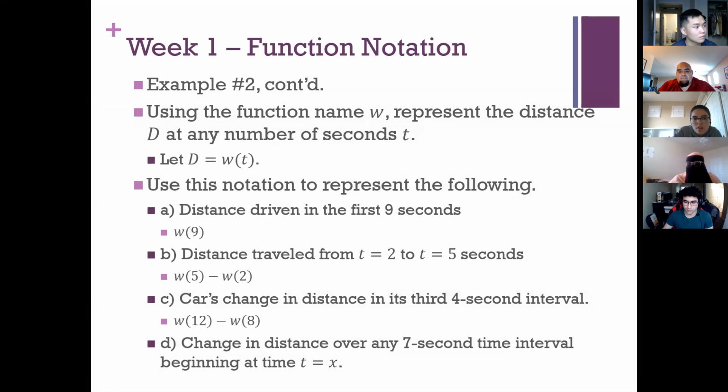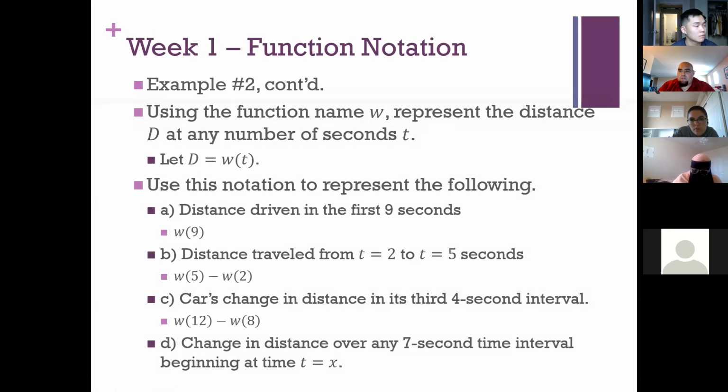Okay. So, basically, for all the time that this car is traveling, I want to break that up into little 4-second chunks. So the first 4-second interval is going to be between t equals 0 and t equals 4. Does that make sense? Yes. Good. Then the second one is going to be between t equals 4 and t equals 8.